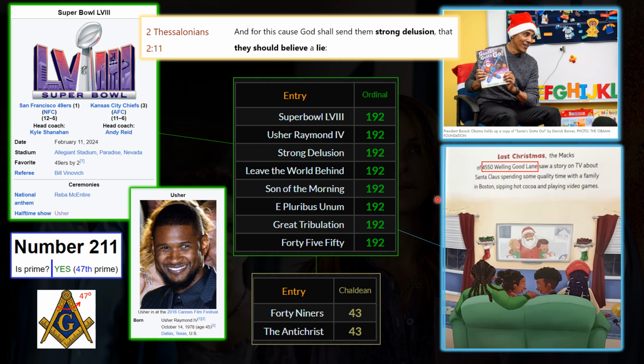And interesting, the number 4550 means worthless in the Bible, but Welling Good, I thought it was interesting that welling is somewhat tied to drilling holes, like a pit, perhaps. So the words the Antichrist in Chaldean sum to 43, matching the team playing in the Super Bowl, the 49ers.